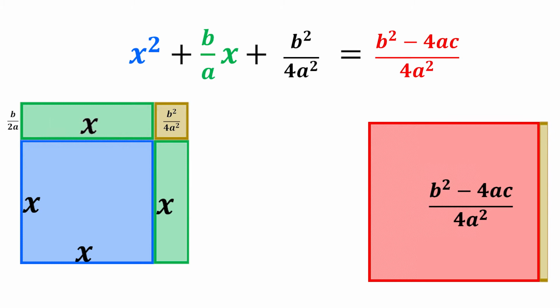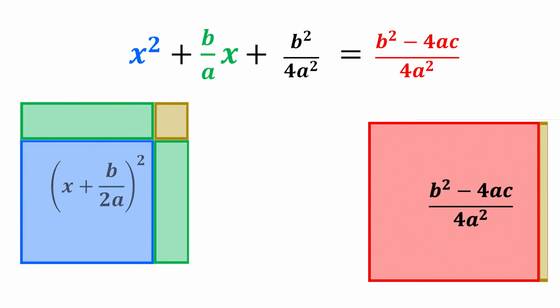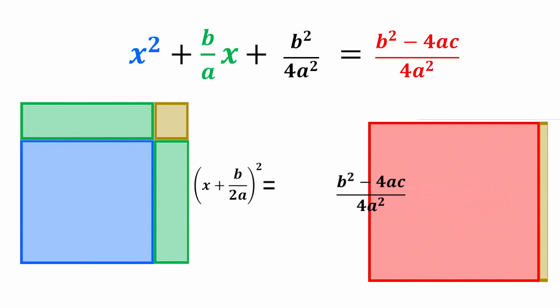On the left side, we have a square with side length of x plus b over 2a. And since it's a square, that means that its area is x plus b over 2a squared. We want this to equal the area of the rectangle on the right, which has an area of b squared minus 4ac over 4a squared.